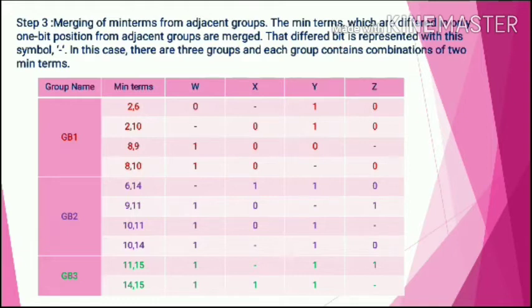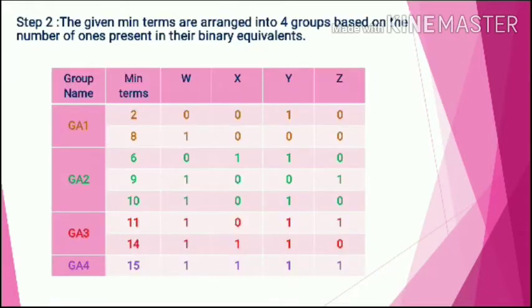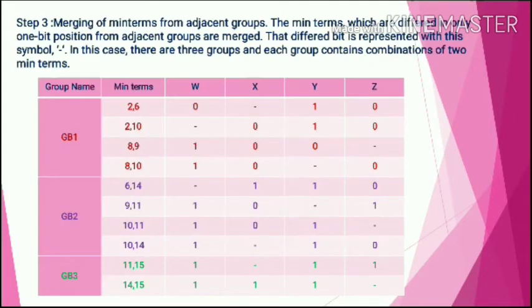Combine successive groups, that is 2 and 6. The value of 2 is 0010 and 6 is 0110. See, only the second bit changed and all the remaining bits are the same, so put a hyphen for that second bit. Take 2 and 6 as a pair, with a hyphen in the second place.